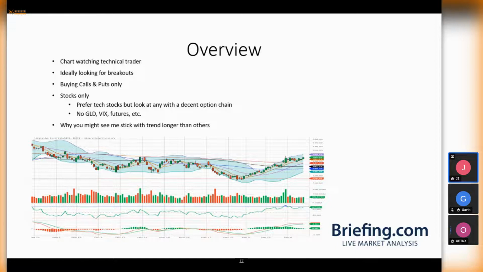So a typical example of what I would look for: this isn't maybe textbook, but that's a chart of Apple. It's a little dated, but as you can see there, you've got a little coiling pattern, maybe a little bit of an ascending triangle. You've got nice movement there, and your moving averages for the most part are trending in the direction that you're looking for. So for me, something like that would go onto my radar to buy as a potential call that day.